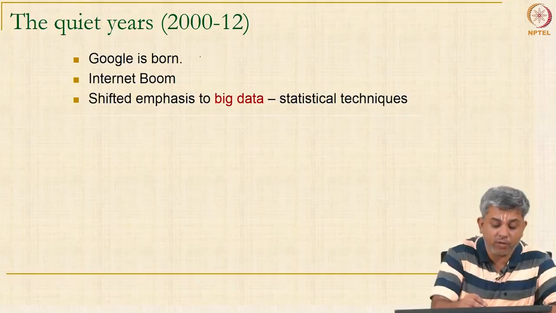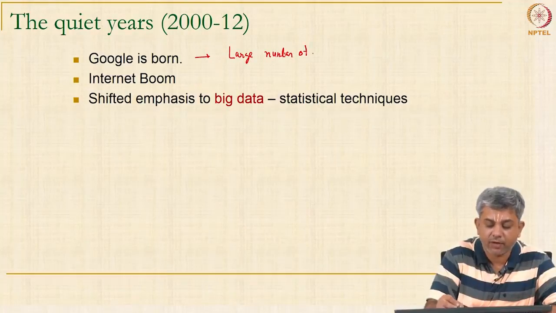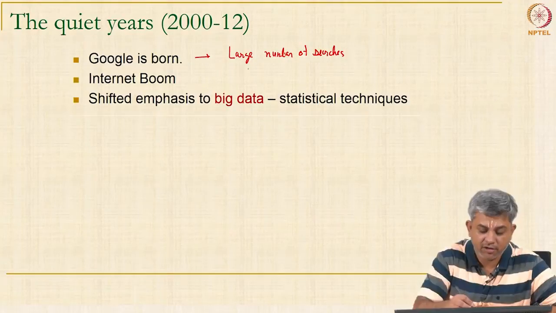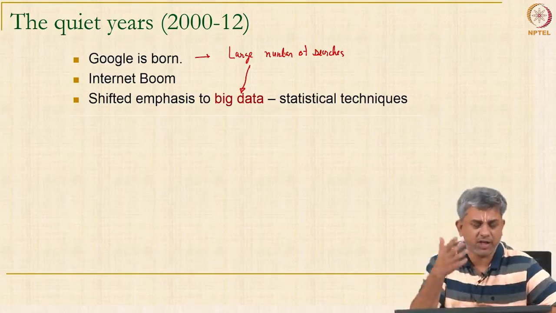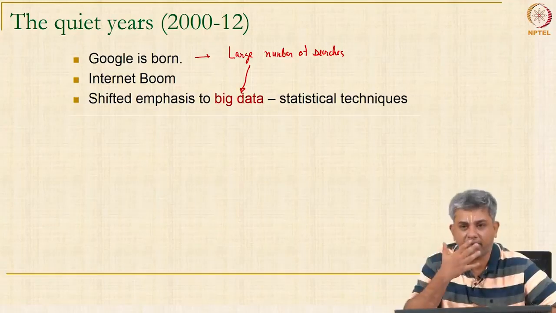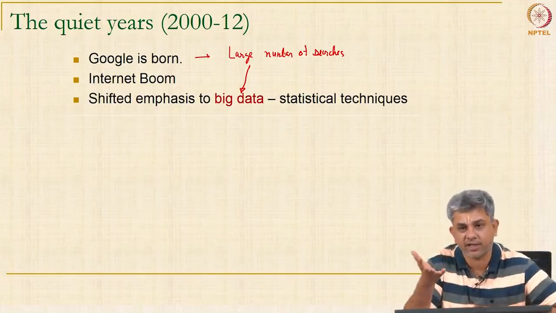What it helped in was that there is a large number of searches, and when there is a large number of searches, there is a large amount of data. The key thing for machine learning, which is very data hungry as you will see, was the amount of data that subjected itself to statistical analysis and statistical techniques.